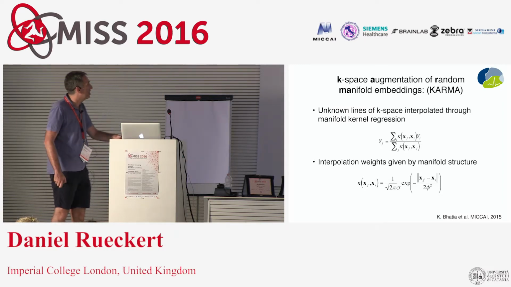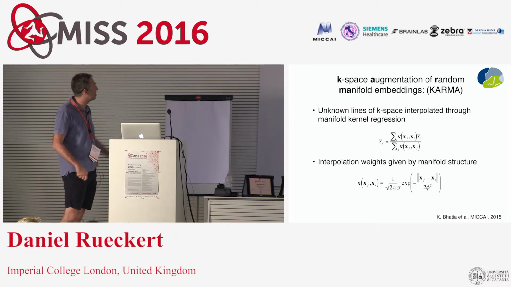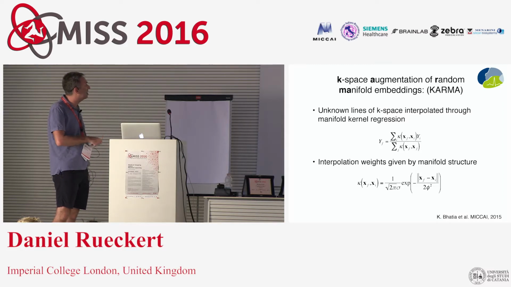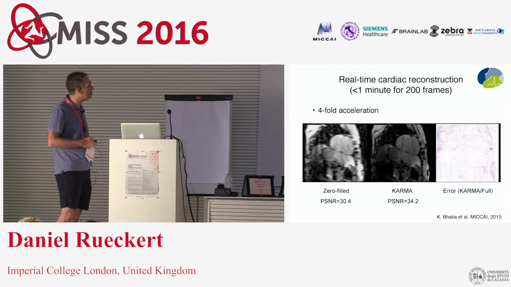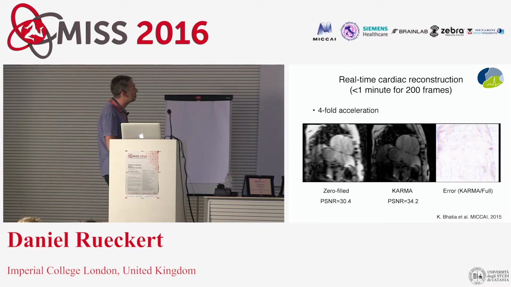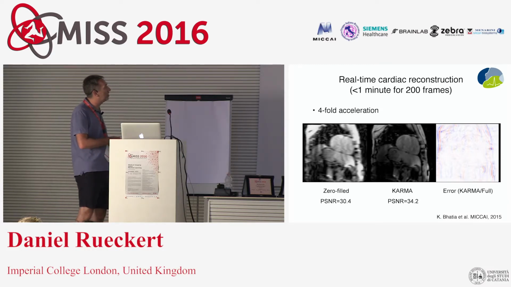Okay? And what happens here is if I acquire my undersampled data, and I interpolate the missing points in K-space from its nearest neighbors, I can recover virtually a perfect version of this free-breathing image.